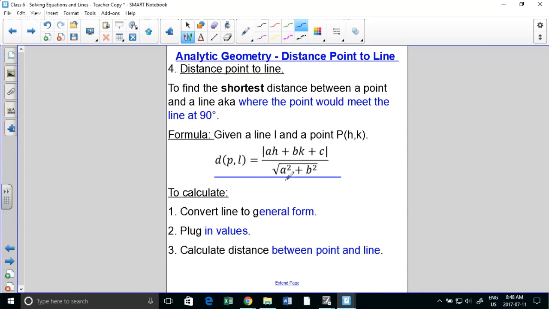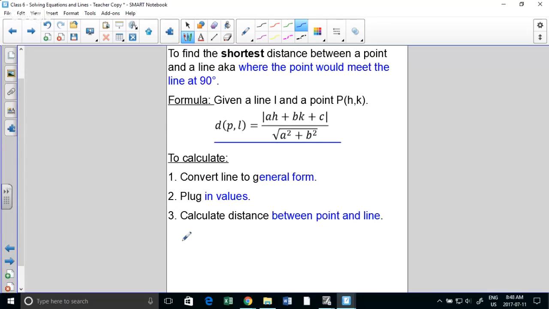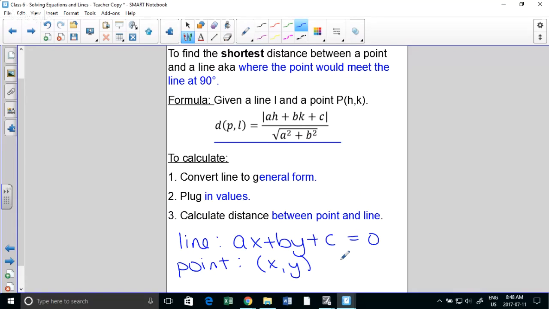here? So basically, you have this formula, okay? So you have a line whose rule is ax plus by plus c equals 0, and you have a point, x and y.